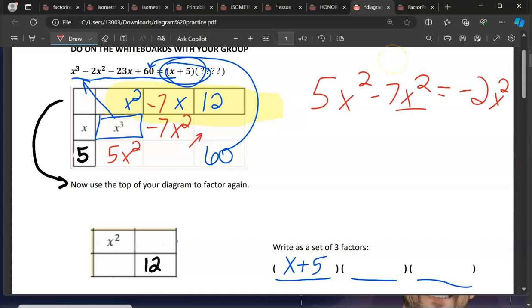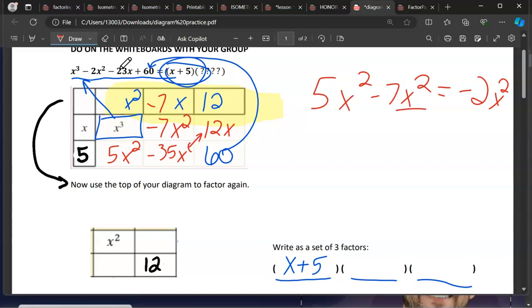So these two boxes here, if I take negative 7x times the row 5, that's negative 35x. If I take the column 12 times the row x, that's 12x. If you check, negative 35x plus 12x does in fact give us negative 23x.